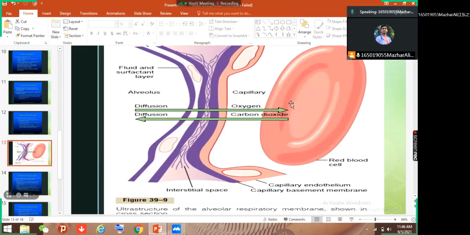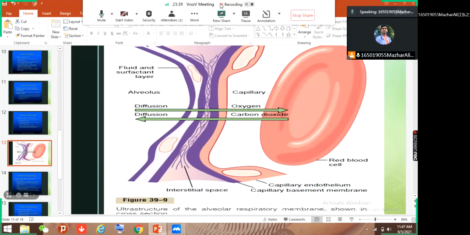For example, this is the alveoli, this is the fluid and surfactant layer, and this is the interstitial space, and this is your capillary endothelium. This we call the capillary basement membrane, and this is the capillary endothelium.